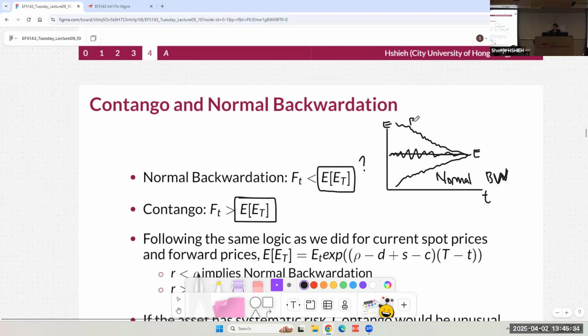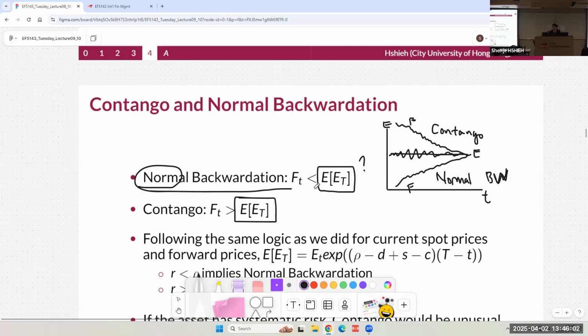If F is approaching, so these are Fs, if F is approaching from above, this is called contango. Normal backwardation is called normal because if we expect something to have uncertainty or risk, that risk should be offset with a higher average return or average price level, right?